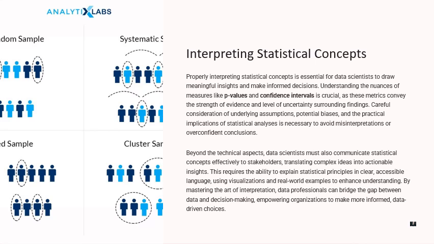Next, let us see interpreting statistical concepts. Properly interpreting statistical concepts is essential for data scientists to draw meaningful insights and make informed decisions. Understanding the nuances of measures like p-values and confidence intervals is crucial, as these metrics convey the strength of evidence and level of uncertainty surrounding findings.